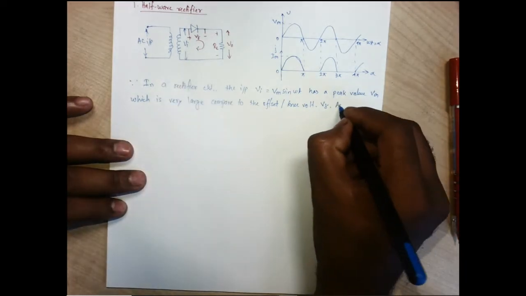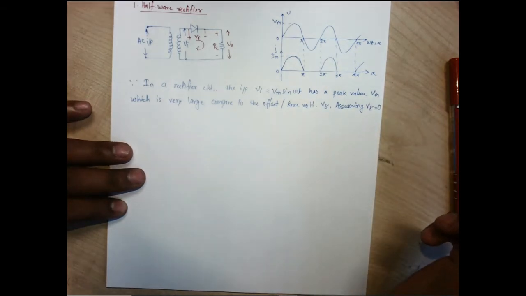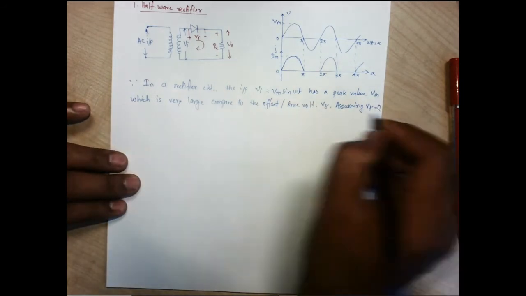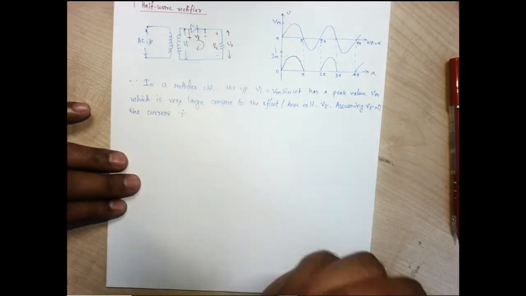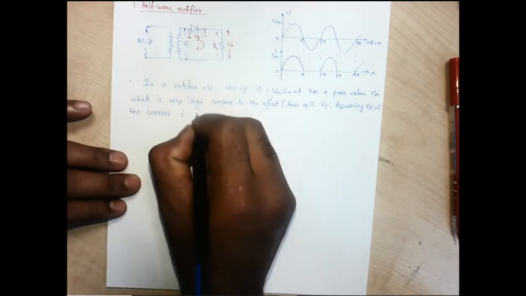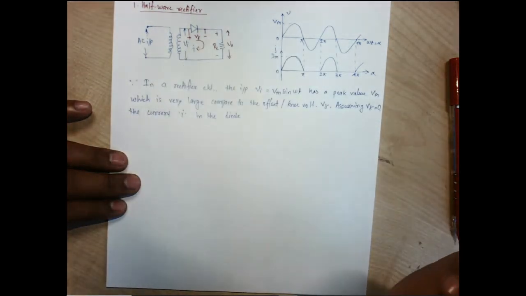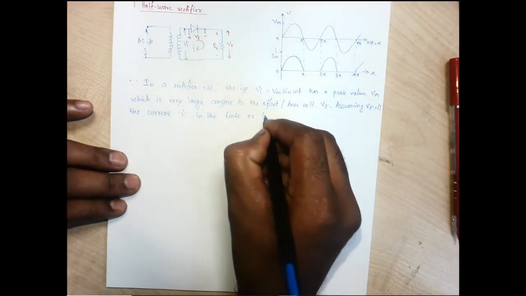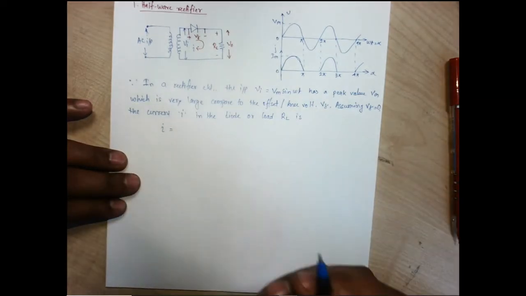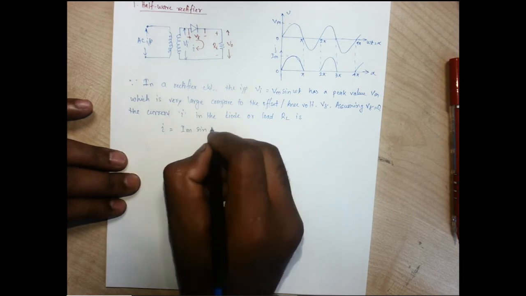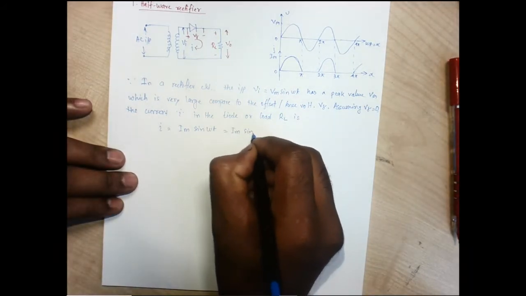So assuming V gamma is equal to 0, the current I, this small i, the current which is flowing in the diode, or load RL, is Im sin omega t, or alpha, let us consider, or Im sin alpha.